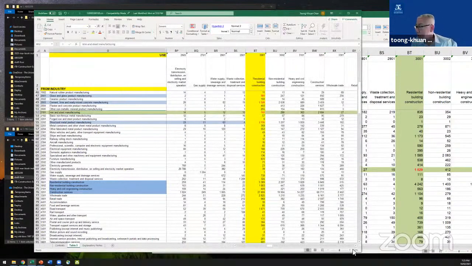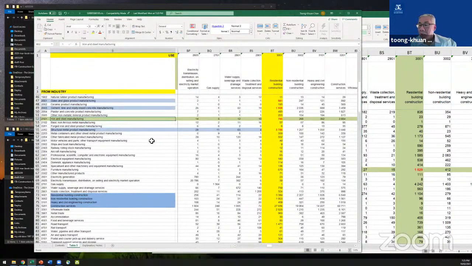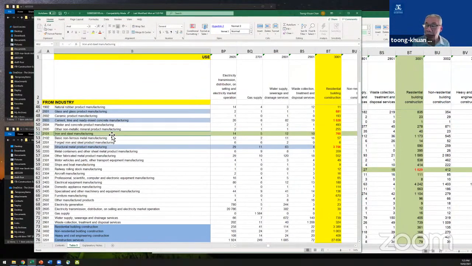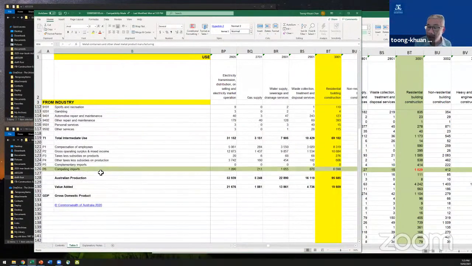And in this particular case, it is only domestic production. Import is given as a separate line here at the bottom, but you cannot tell what is imported because it's just one line.